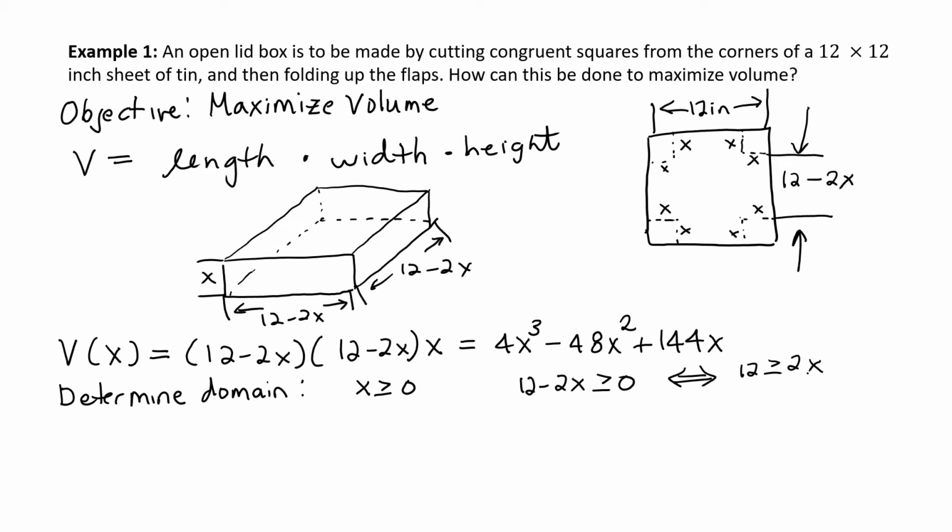And when we finish solving, we get that 6 is equal to or greater than x. Combining the fact that x must be equal to or greater than 0 and x is equal to or less than 6, the domain of the volume will be between 0 and 6.